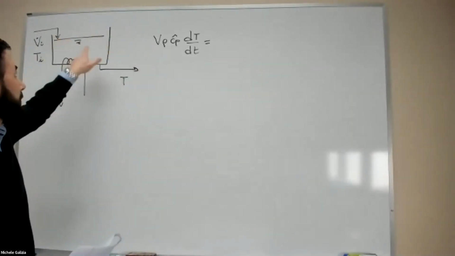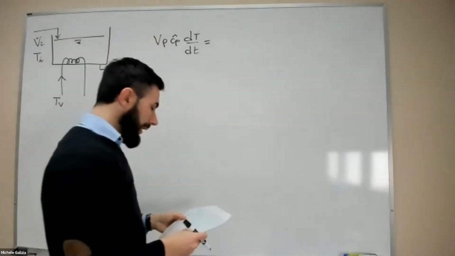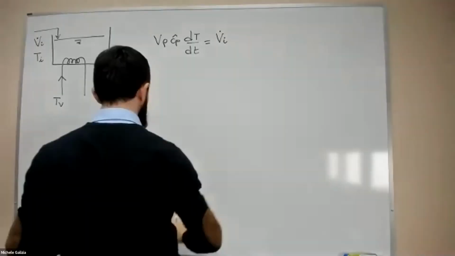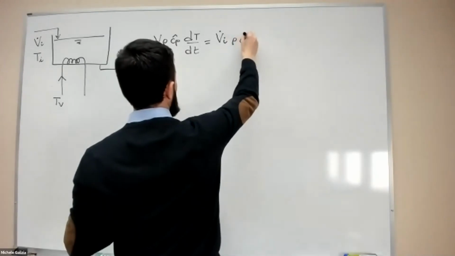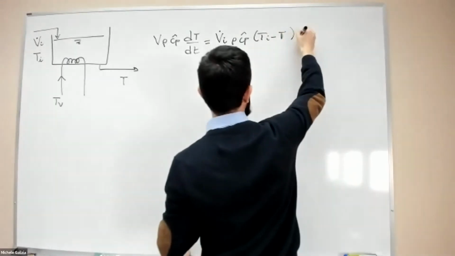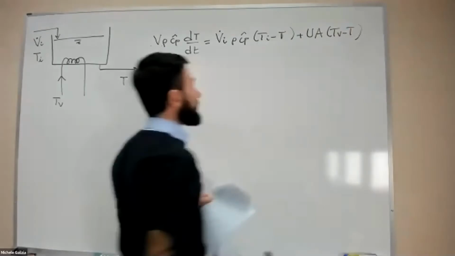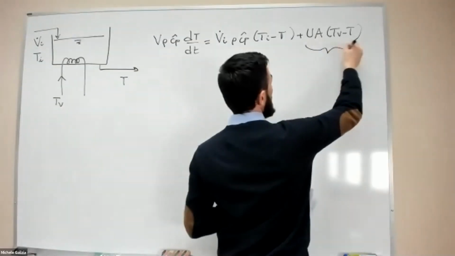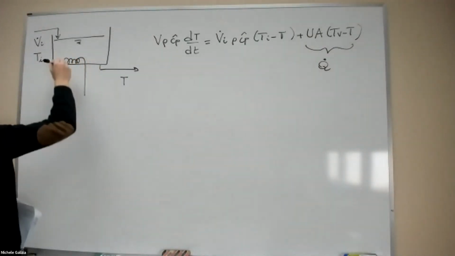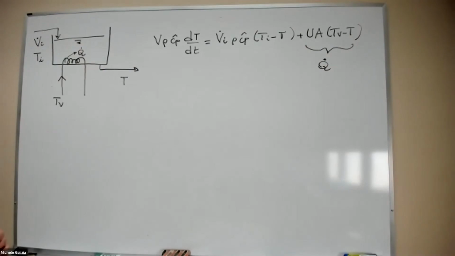V is the hold-up volume, rho is the density, Cp is the specific heat of this liquid, equal to Vi dot rho Cp (Ti minus T) plus UA (Tbu minus T), which corresponds to Q dot, the heat that this vapor is releasing to this liquid to warm it up.